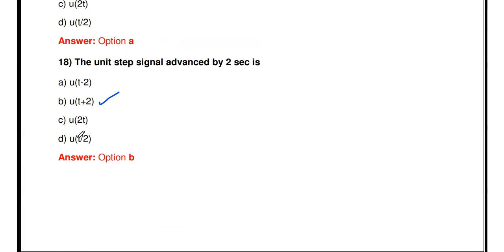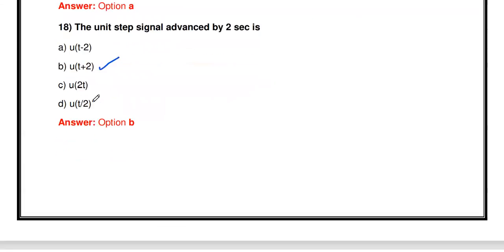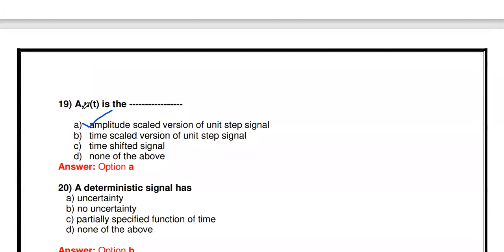So these two signals are called time scaling signals, and these two are called time shifted signals. Here in time there is no change; the signal amplitude is multiplied by the scalar. So that's why it is said to be the amplitude scaled version.